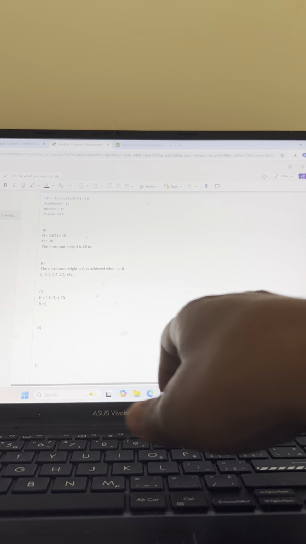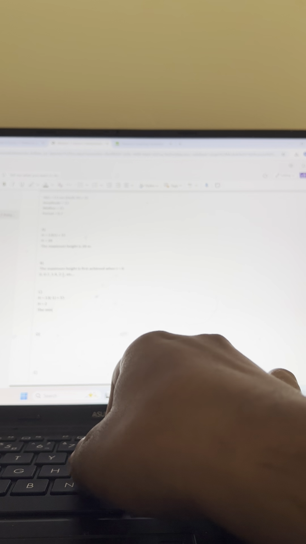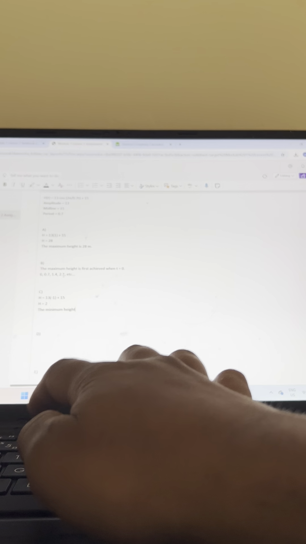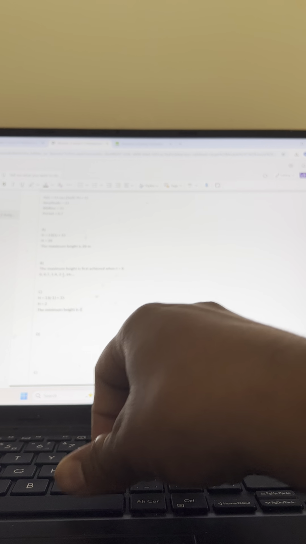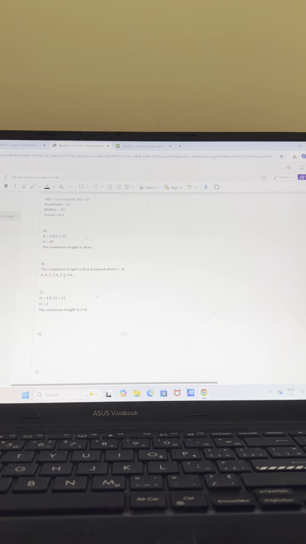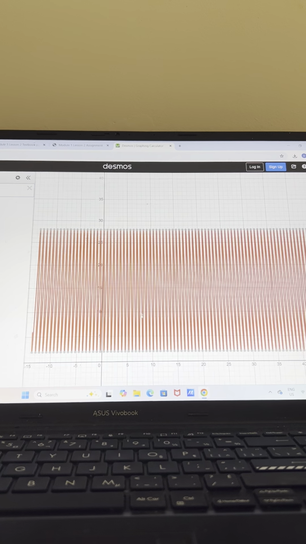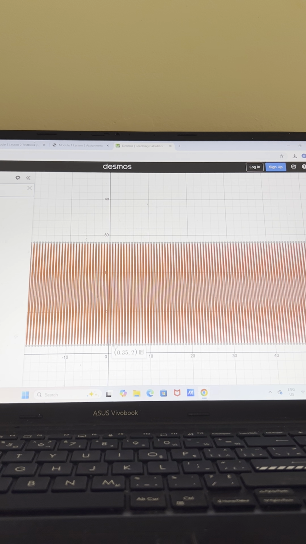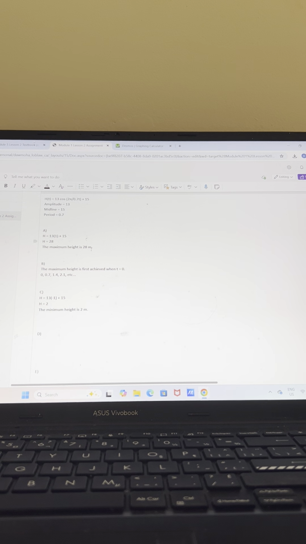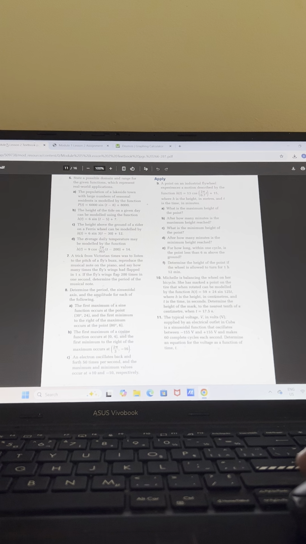This is going to be equal to 2. So the minimum height is 2 meters. We can also verify this and see all these are 2, so this is correct.